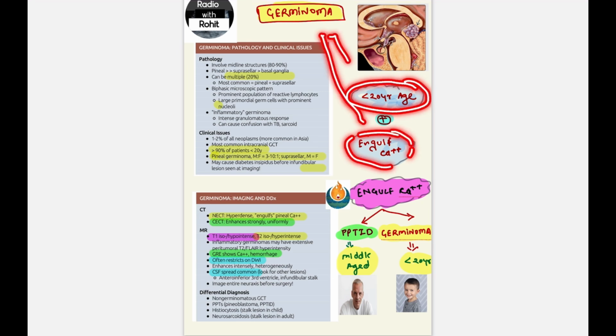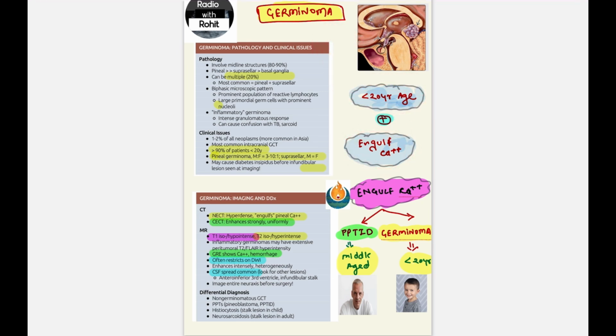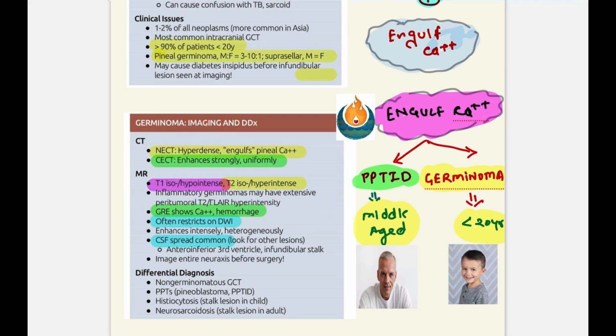So we are talking about germinoma. If engulfed calcium, or calcium in the central part of the mass lesion, is present, we have only two possibilities. If it is a middle-aged male, then our diagnosis is PPTID. If it is a child, less than 20 years, then it is germinoma. Germinoma on CT is a hyperdense mass engulfing pineal calcification.